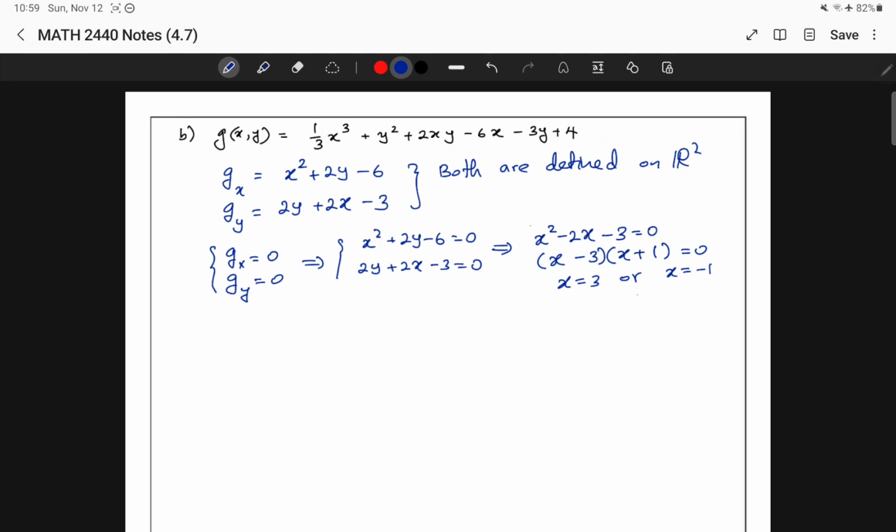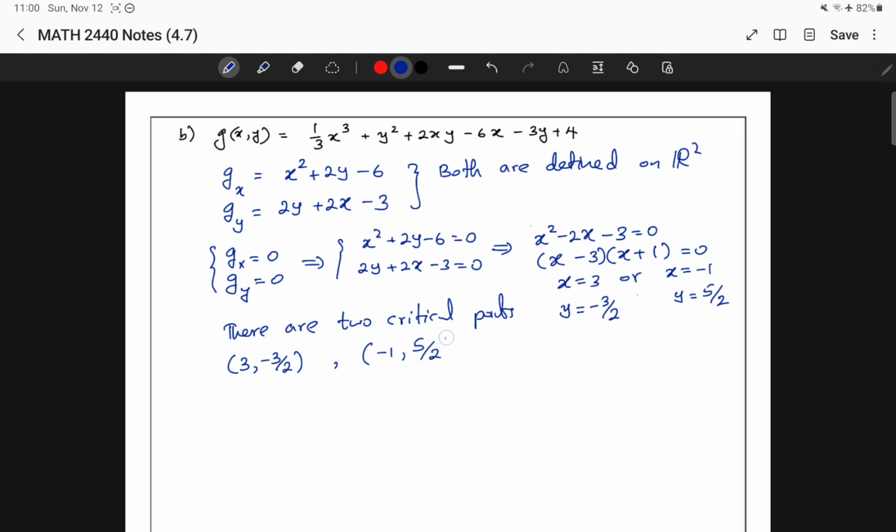When x equals 3, you get y equals negative 3 halves. When x equals negative 1, you get y equals 5 halves. So that means we found two critical points. One is (3, -3/2), and the second one is (-1, 5/2).